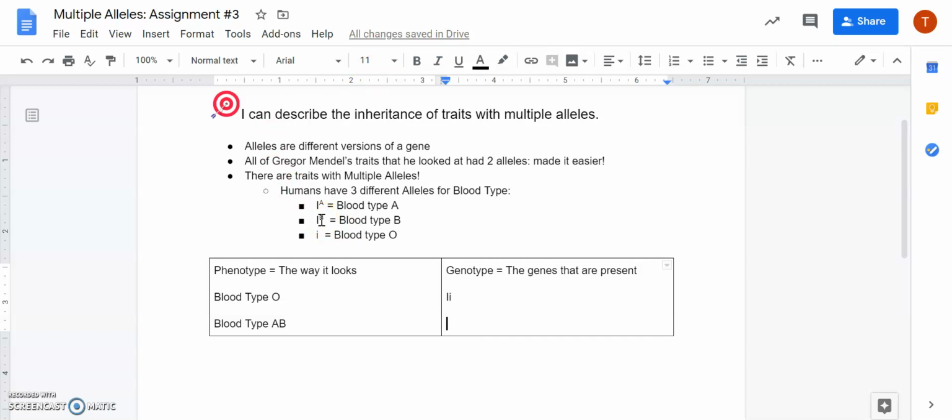They're much too small to see with a microscope, but they're there and they allow the cell to react with other things in the blood if it needs to. So blood type AB, you're going to have 1 copy of the allele for blood type A and 1 copy of the allele for blood type B.